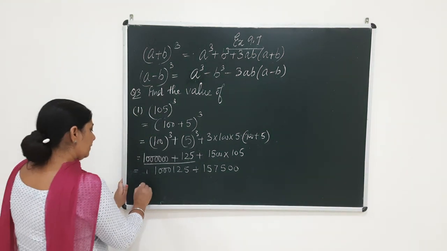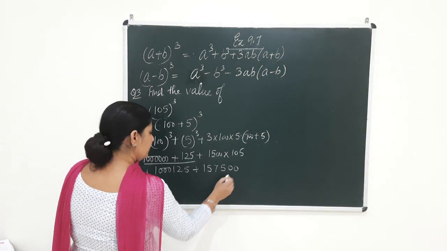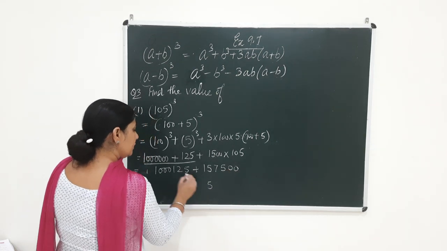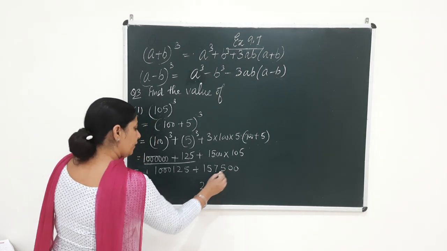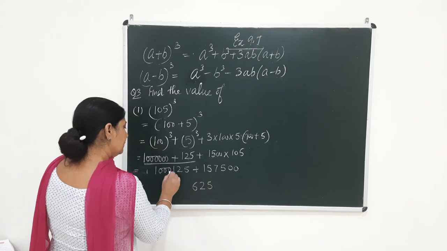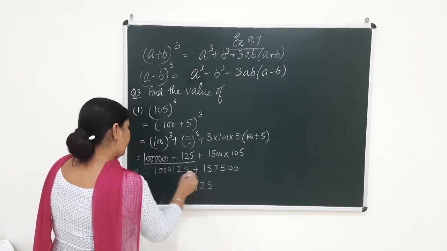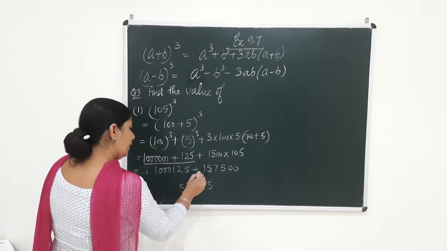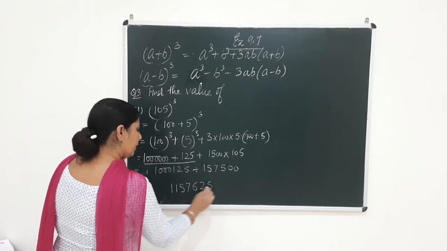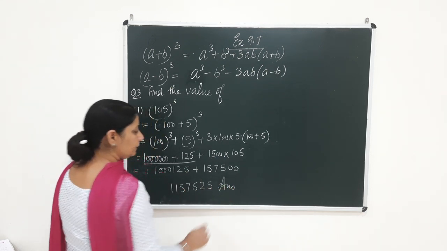Now you can add it up, beta. 5 and 0 will give you 5, 2 and 0 will give you 2, 1 and 5 will give you 6, 7 and 0 will give you 7, 5 and 0 will give you 5, 1 and 0 will give you 1, 1. So this is your answer.